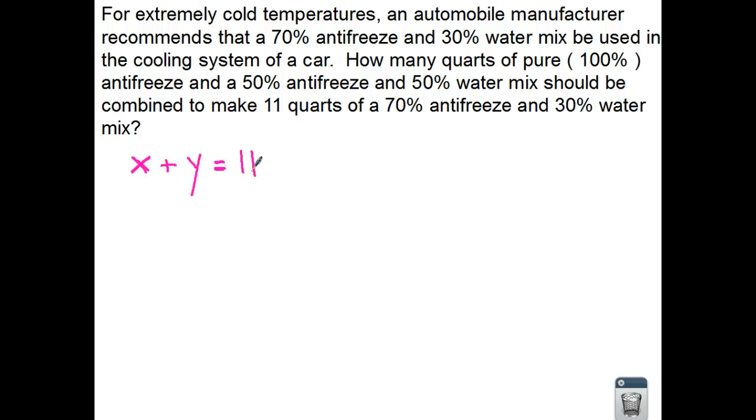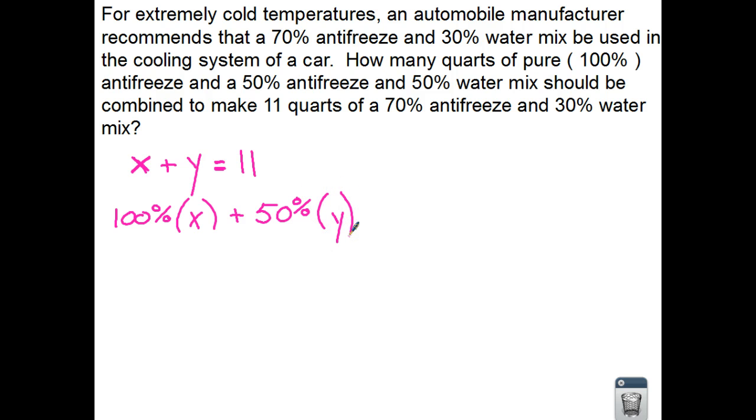Now we need to figure out the percentages of each of our unknowns to make a 70% solution of the 11 quarts. So extracting the information from the problem, I know that I'm going to take 100% of the first solution and add it to a 50-50%, so 50% antifreeze water solution.